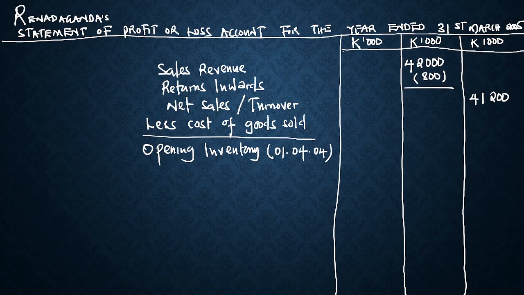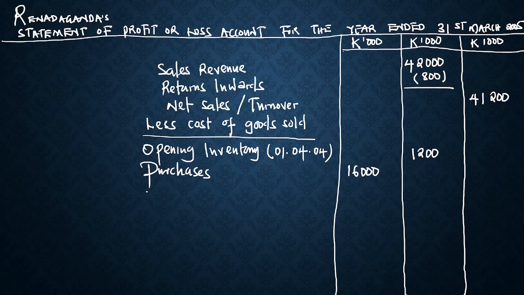unless that transaction has got some calculations before it is taken to the middle. For example, let's assume that purchases has got some purchases returns. I will do them in the first column before transferring the difference to the middle. So here, our opening inventory is 1,200 when you rebase. Then we have purchases, and we know that our purchases has got some purchases returns. So our purchases is 16 million.